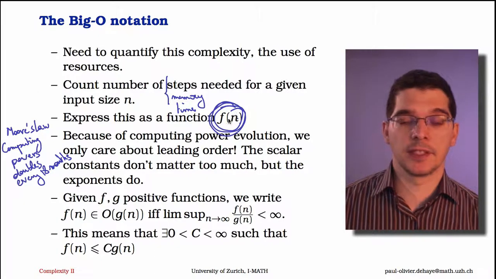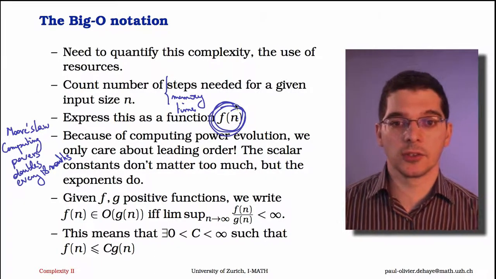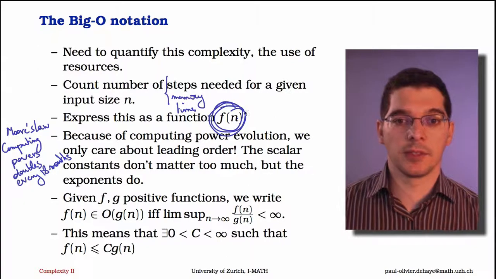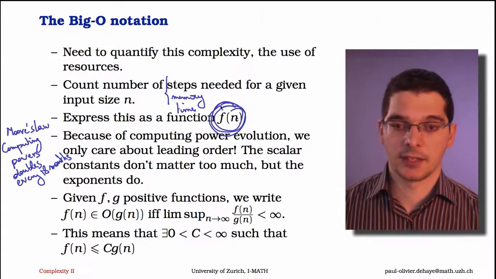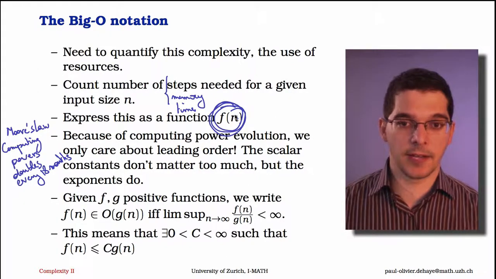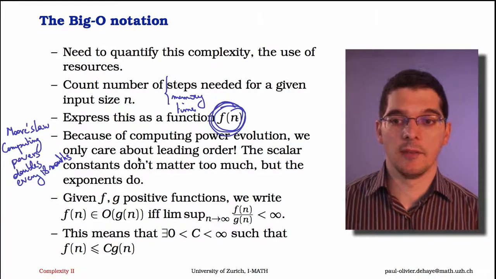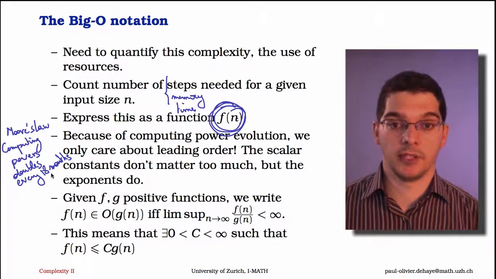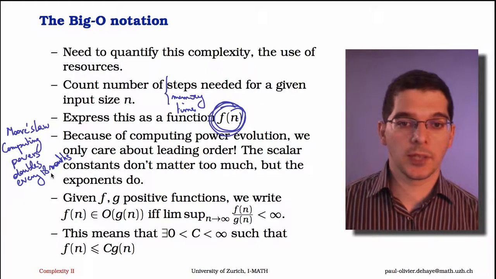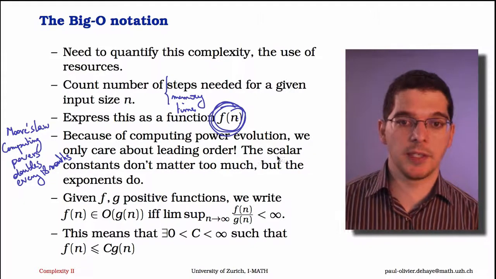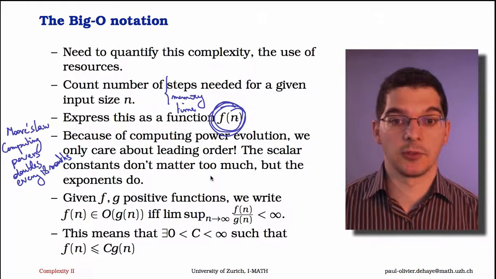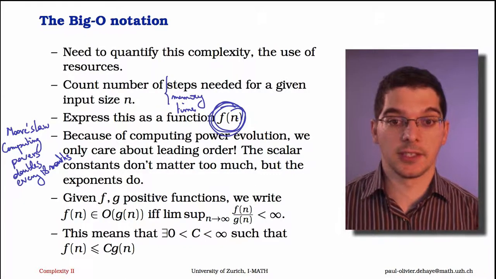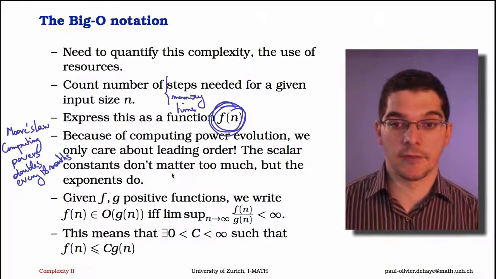Because if you're looking at little constants or little factors below the main one, this is likely to be very unimportant very soon. So I repeat, the scalar constants don't matter too much. What matters is the exponents that are present in f of n, for instance.